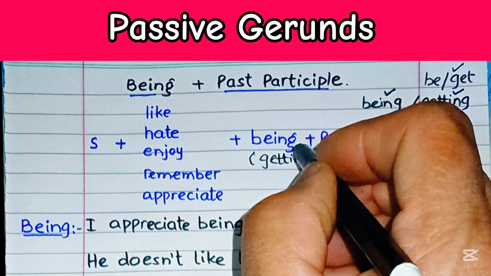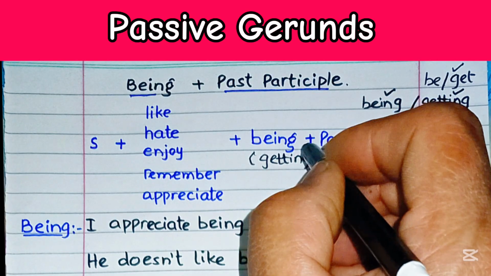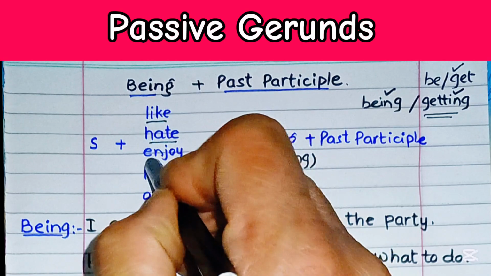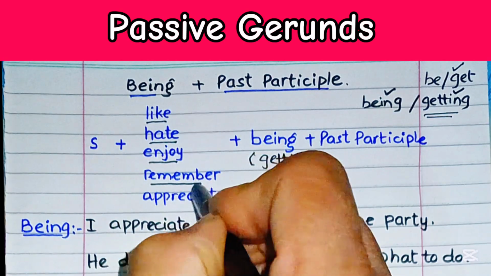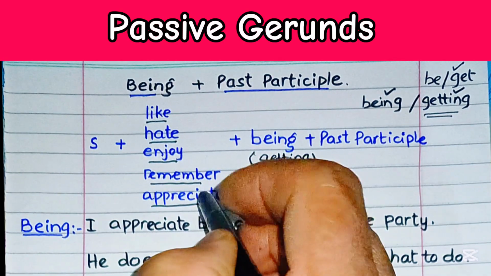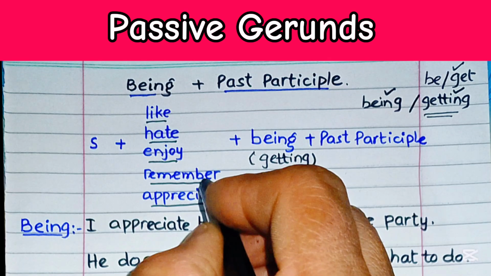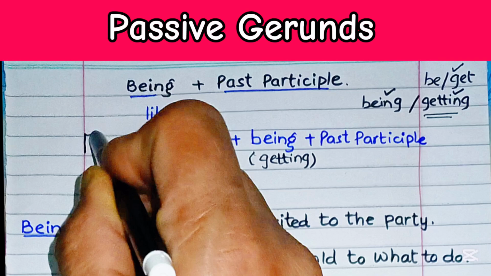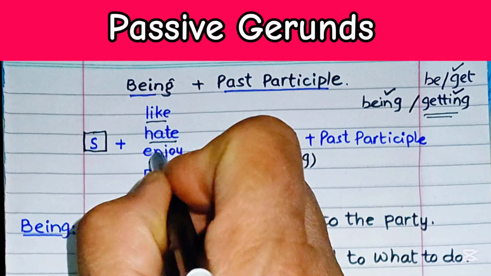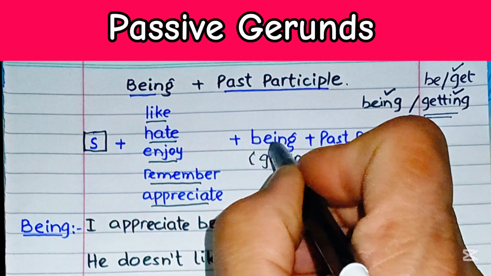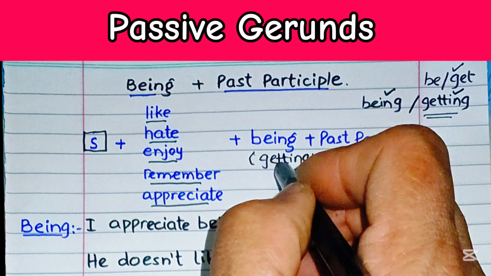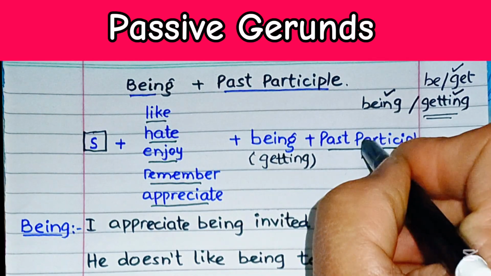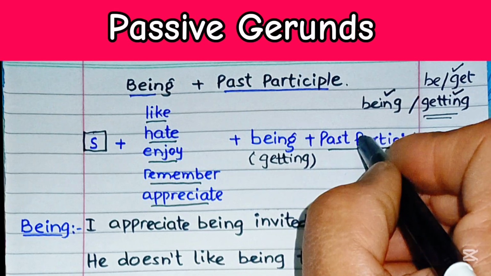Passive gerunds are often used after words like hate, enjoy, remember, appreciate, and so many others. So here comes the subject, and then these verbs followed by being or getting, and then there will be V3, or we may call it the past participle.